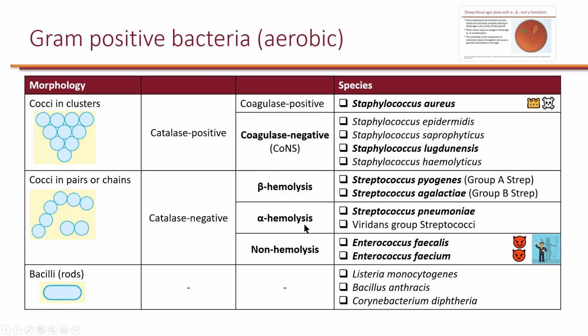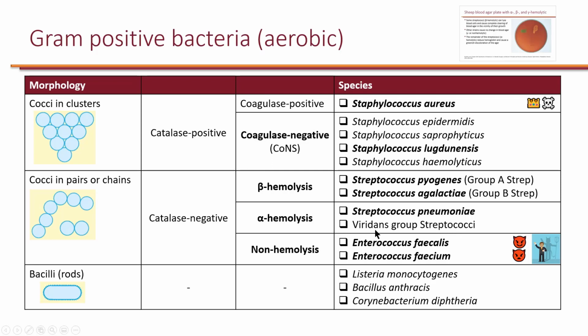And then for the alpha hemolytic group, the most important is Streptococcus pneumoniae. This is very important because it causes respiratory infections, and we'll cover this in detail throughout the course. And then there's also the viridans group Streptococci. When it says group, there are multiple species, and there's really no need to know specific species.